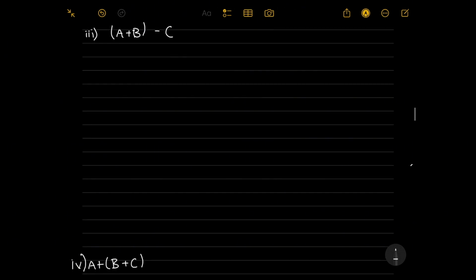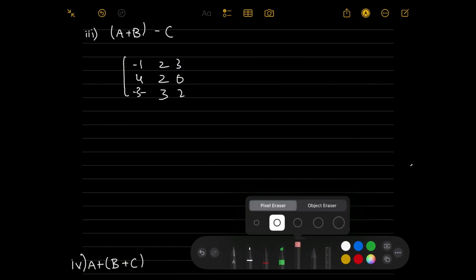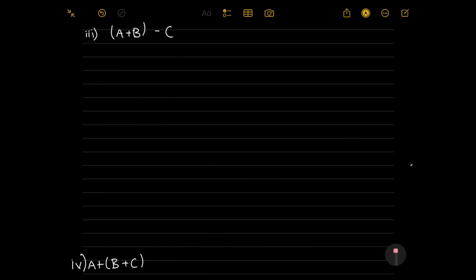So A matrix is minus 1, 2, 3, 4, 2, 0, and minus 3, 2, oh, minus 3, getting a bit messier. So we're gonna write simple matrices here.